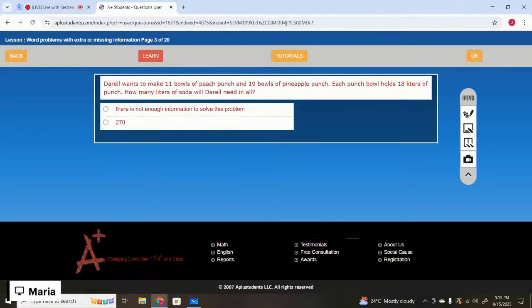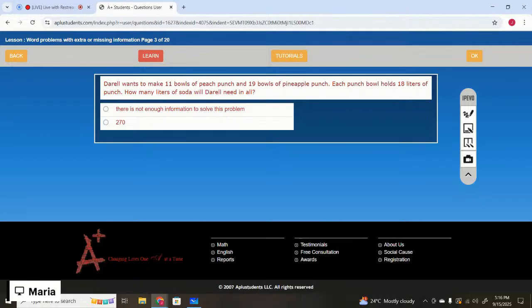Carol wants to make 11 bowls of peach punch and 19 bowls of pineapple punch. Each punch bowl holds 18 liters of punch. How many liters of soda will Carol need in all? So 11 bowls of peach punch and 19 bowls of pineapple punch.